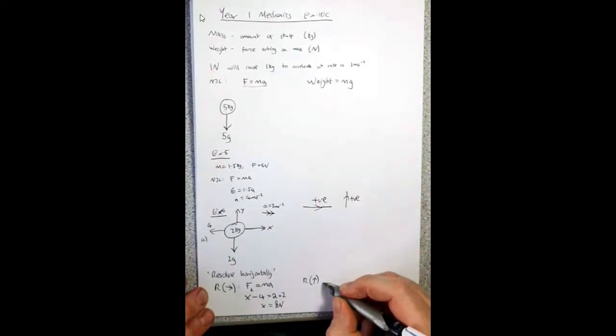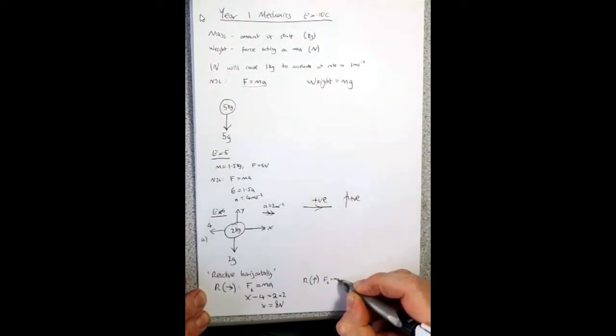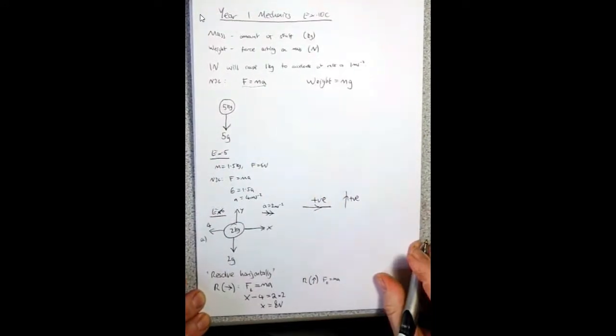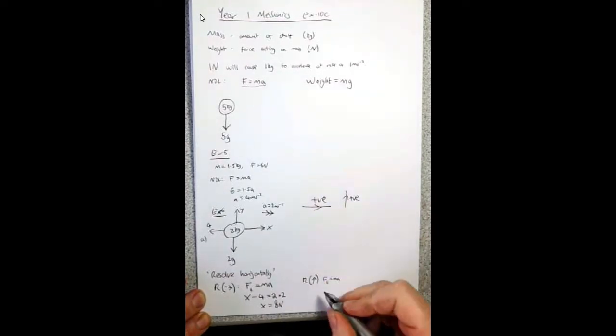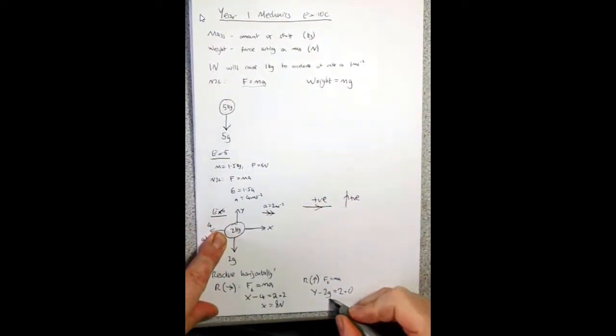Again, up is positive, so I'm going to resolve vertically, which means apply Newton's second law in the positive vertical direction. y minus 2g equals mass times acceleration, which is 0. So y must equal 2g. I've just got space to fit there 19.6. It's a force, so it's newtons.